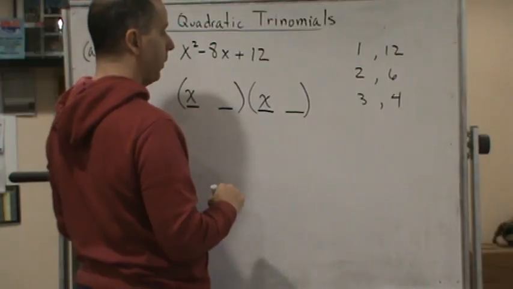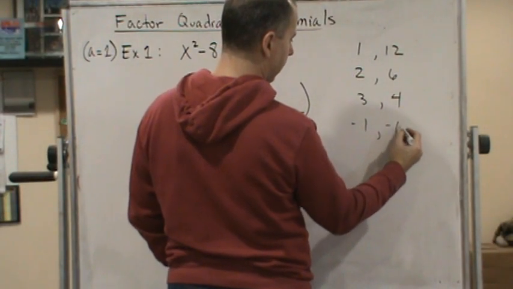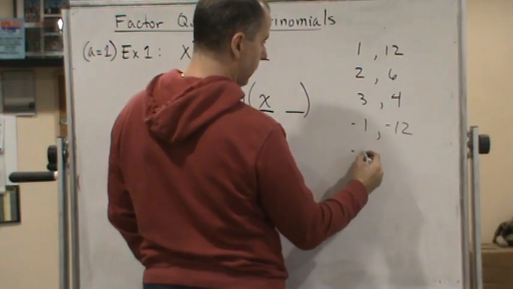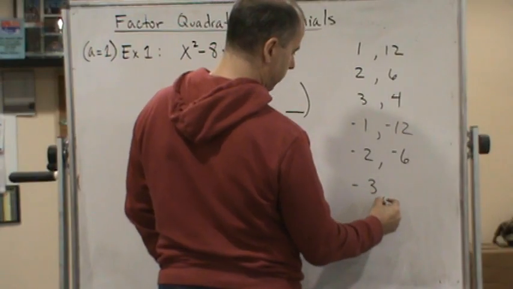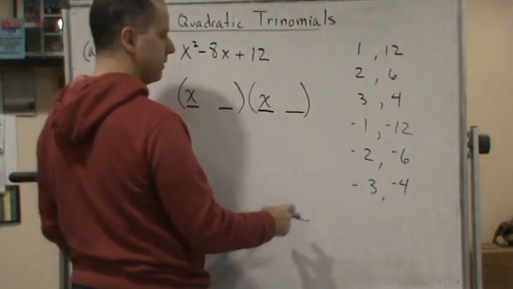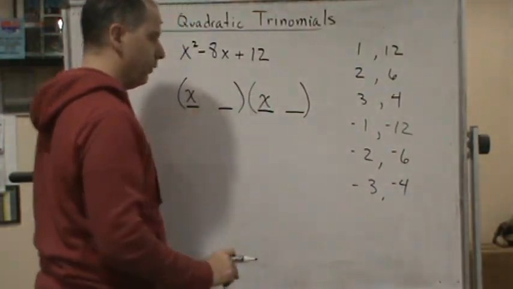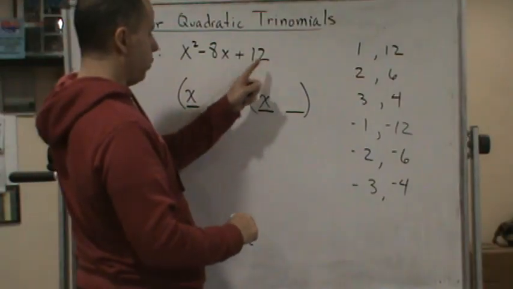But also we've got -1 and -12, -2 and -6, and -3 and -4, because a negative times a negative gives us positive.